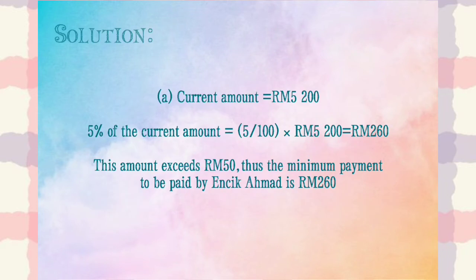Solution. A. Current amount equal to 5,200. 5% of the current amount equal to 5/100 times 5,200 equal to 260 ringgit.